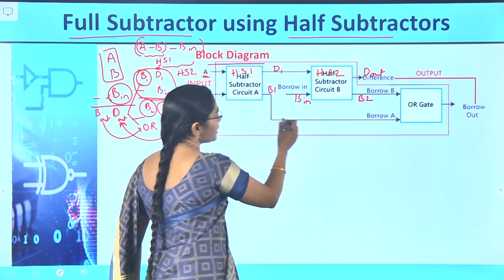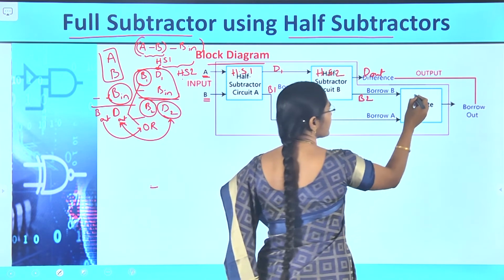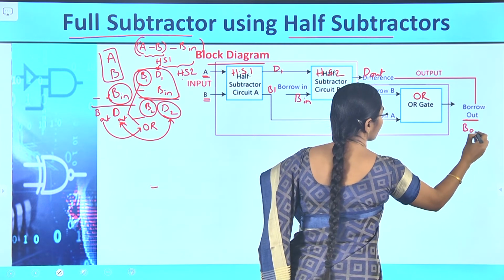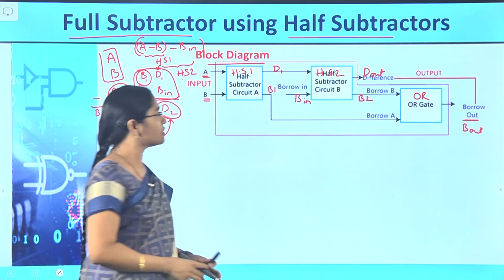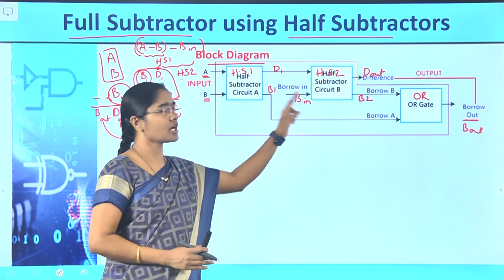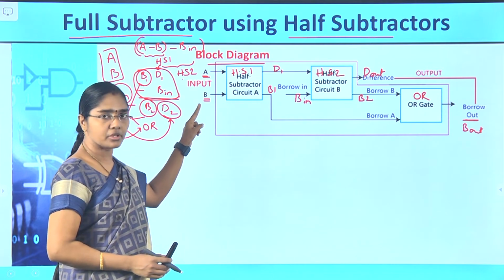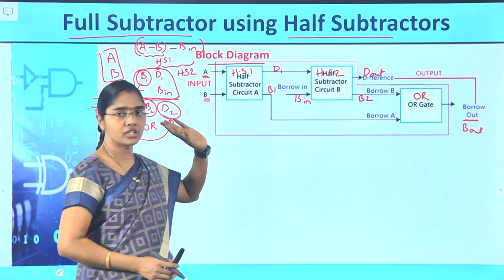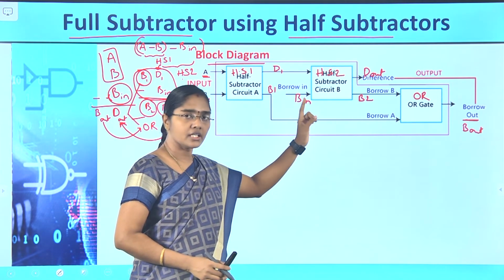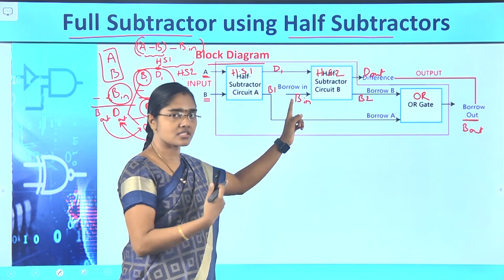Here we have B1 as borrow and B2 as borrow. Those 2 borrows will be connected to one OR gate to get the final borrow out. So in the block diagram implementation, it uses 2 half subtractors. The first half subtractor is connected with A and B and outputs D1 and B1. That D1 is directly connected to half subtractor 2, whose other input is borrow in from the previous stage.